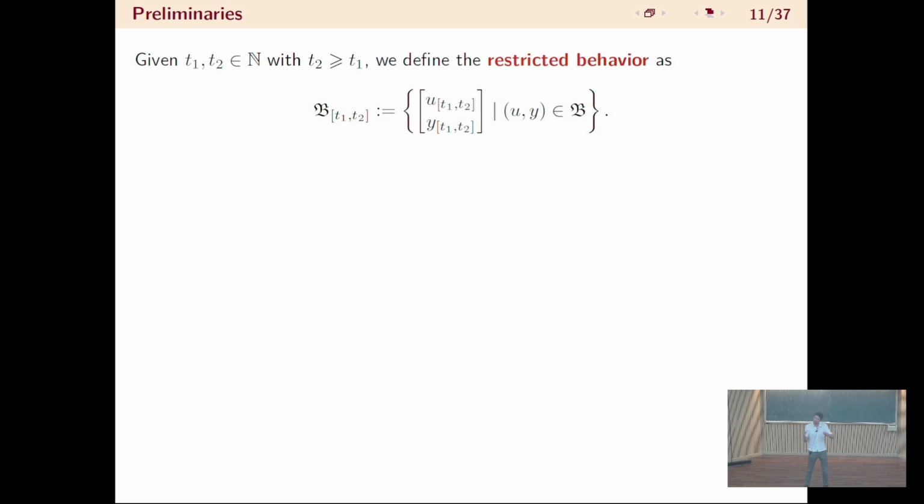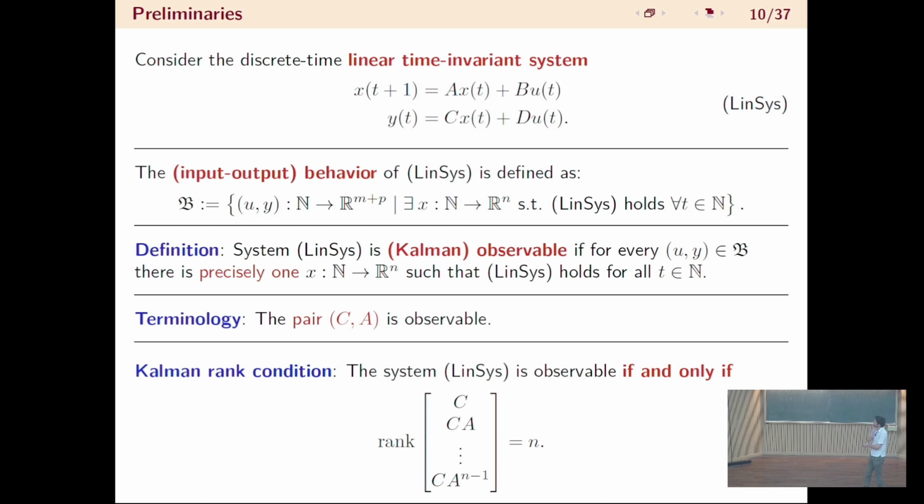Throughout the course we're going to talk about data. And this input-output behavior that we have here is defined on the natural numbers, so for all time between 0 and infinity. But when you collect data from a system, typically that is just given on a finite interval, from, let's say, 0 to t.